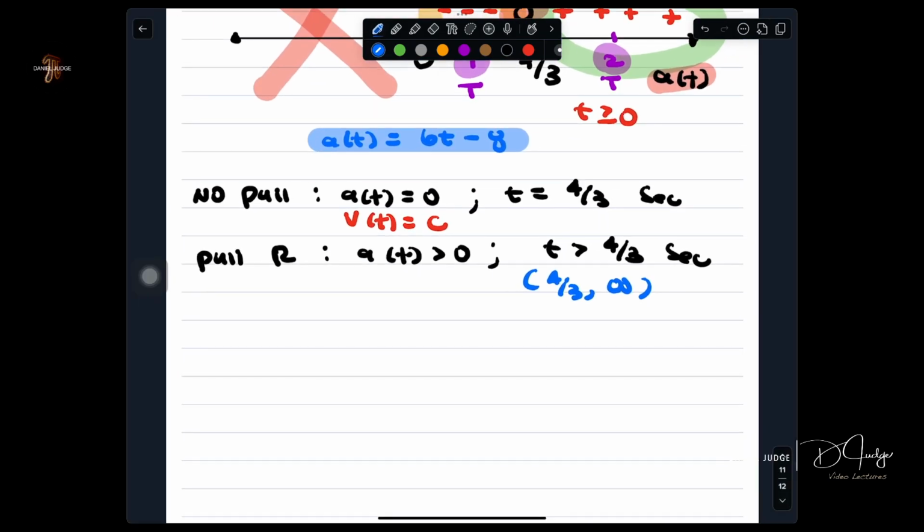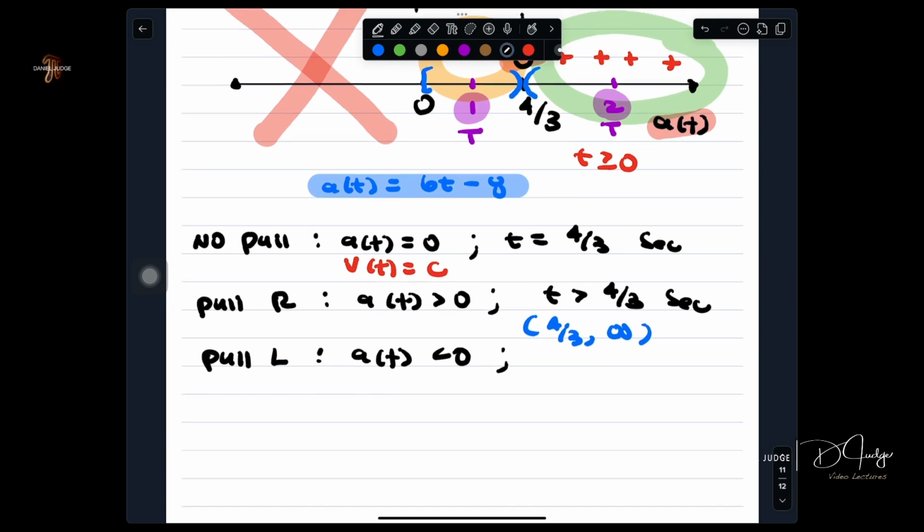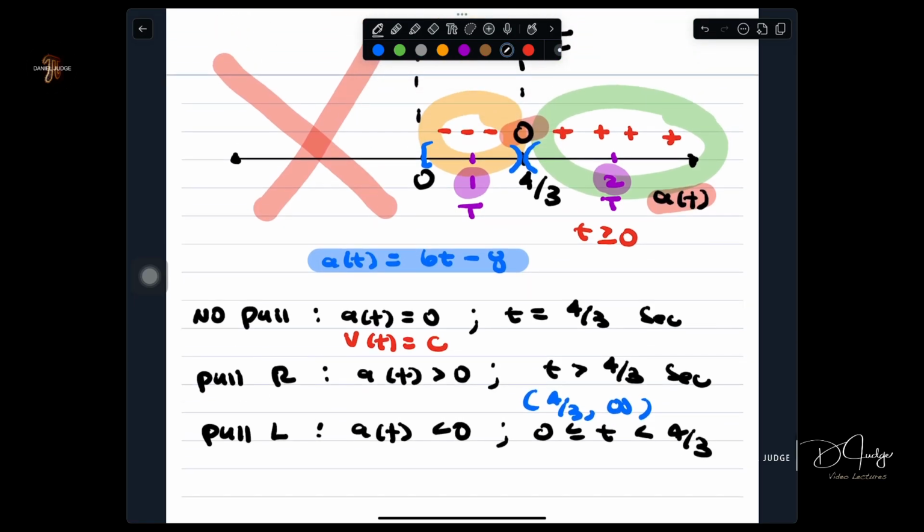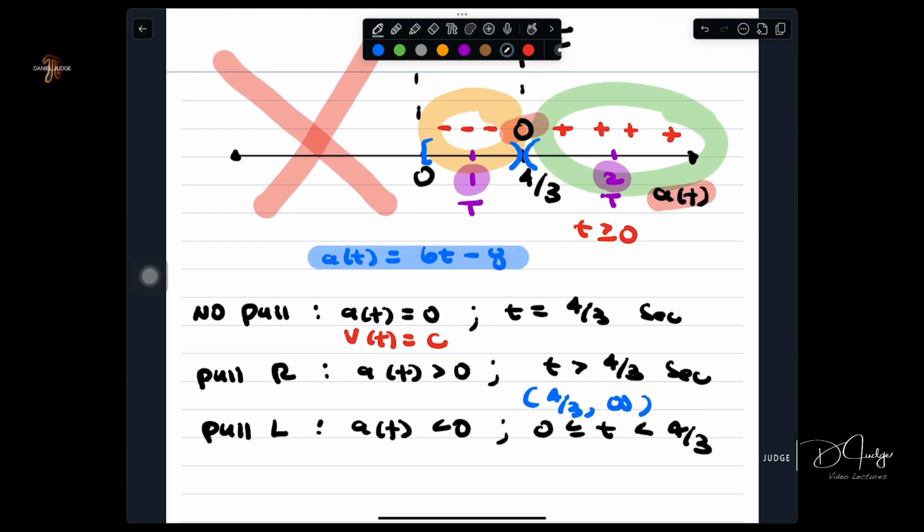So we'll say now here for the pull to the left, your acceleration has to be negative. And that happens again for t being between 0 and 4/3, but we include the 0. This is a square bracket here.